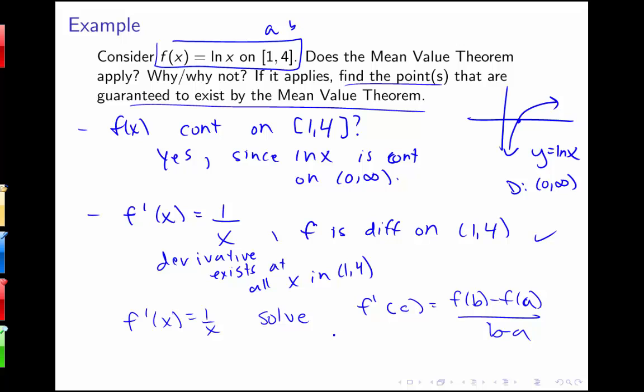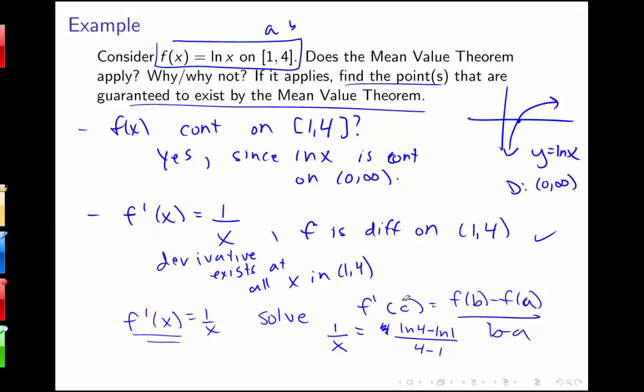So what we're looking at is 1 over c, or 1 over x, if we want to use the derivative in terms of x, is equal to, f of 4 is going to be natural log of 4. So we're going to have natural log of 4 minus natural log of 1 over 4 minus 1.